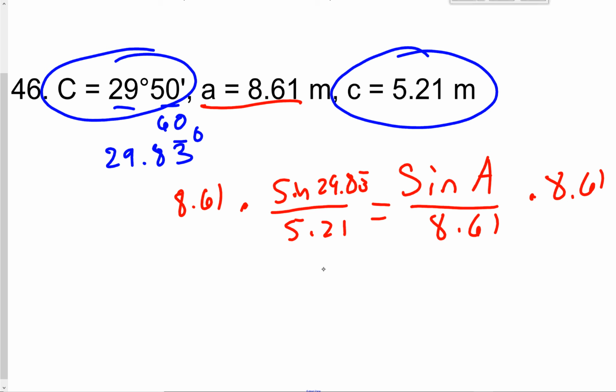All right, so I get 0.822, and it goes on. So then I'm going to do the inverse of that to get my angle A. So sine inverse of my answer, I get 55.3.